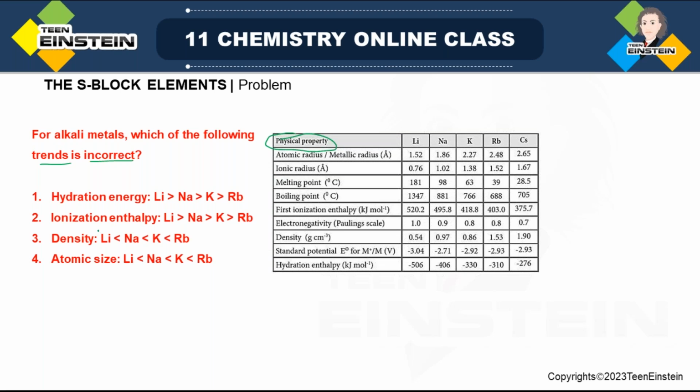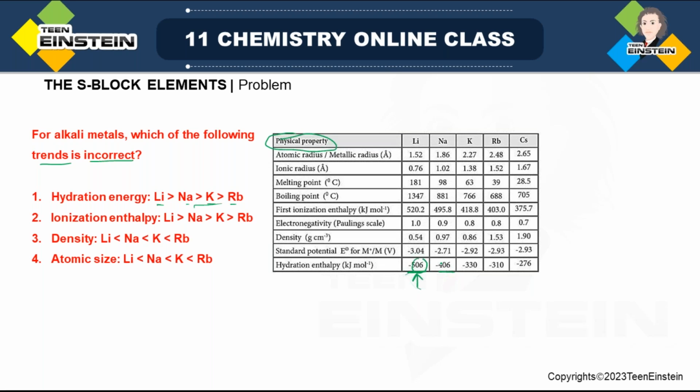Here, if we see hydration enthalpy, it says the order is such. Now look at the hydration enthalpy. Whenever you solve a question, whether it has a high value or a low value, you have to just focus on the magnitude.